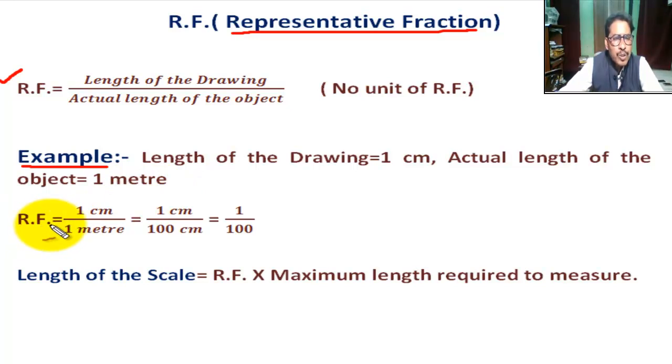So RF equal to 1 centimeter by 1 meter, equal to 1 centimeter by 100 centimeter, centimeter cut, then it is 1 by 100. So RF equal to 1 by 100 or 1 is to 100.